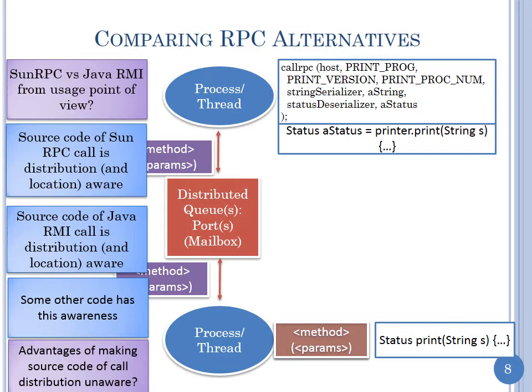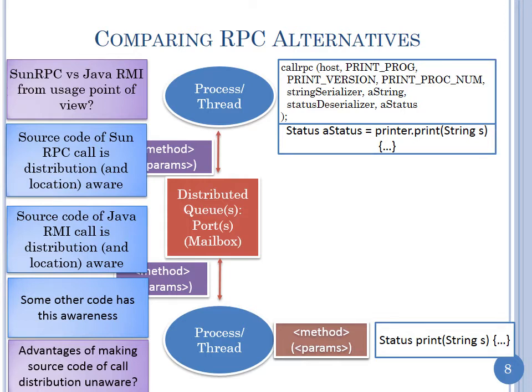But assuming that's not a problem, what is another advantage of making the source code of the call location unaware? We don't know what happens to the compiled code right now; that we'll talk about later. But what is the advantage of making the source code of RMI distribution or location unaware? What's the tangible benefit, assuming you're willing to type more in the Sun RPC case?